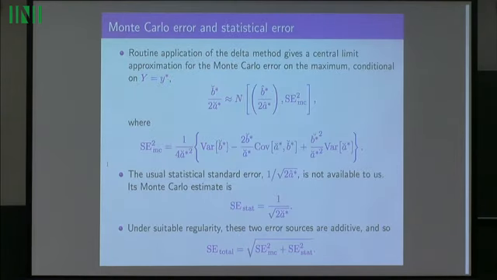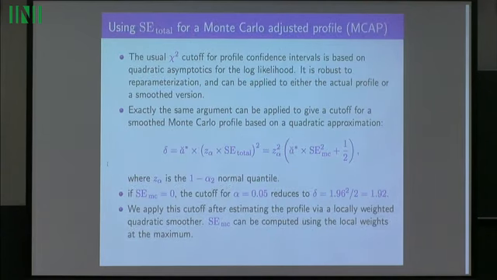And we can do a delta method, and we get a Monte Carlo standard error on the maximum. And we know about the statistical error because that comes from the usual asymptotic statistical theory. And then we can combine these things and we have a total error. And now we can convert this total standard error to a cutoff on a Monte Carlo adjusted profile.